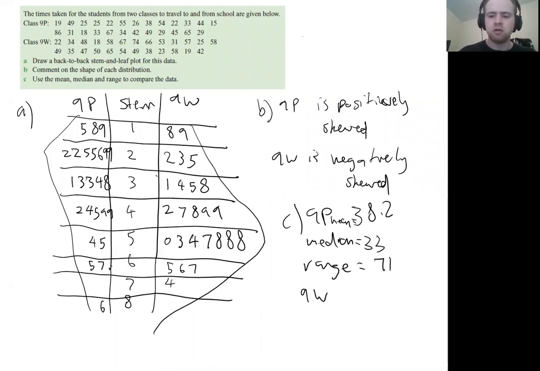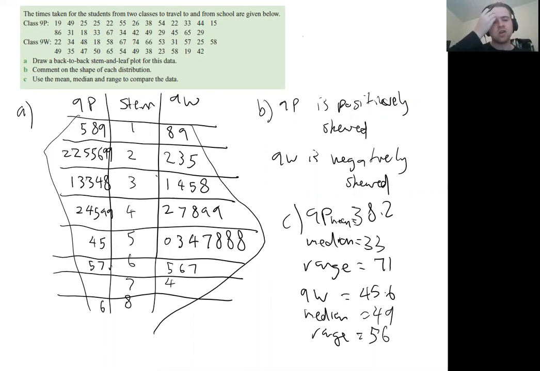So the mean for W adds up to be 45.6, and the median is 49 for that class, and the range is 56.